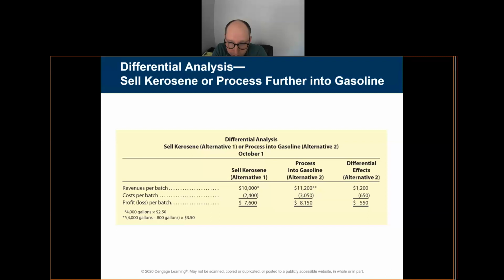If we look at simply the difference in cost, it's $650 more for gasoline. We look at the profit difference, $550 for gasoline. So I would agree with Andre in this case, to process it further because of the higher profit. Now remember, with differential analysis, the higher the profit, the better the alternative.